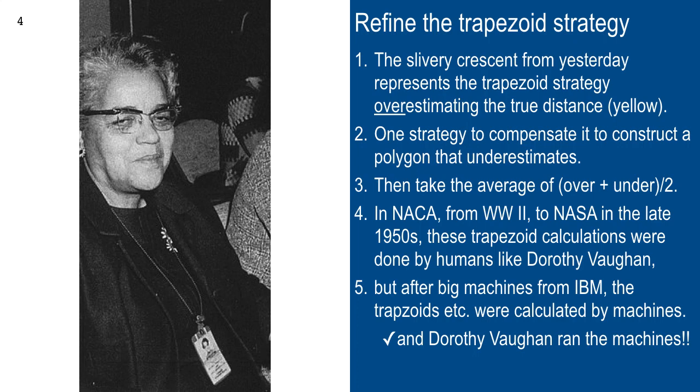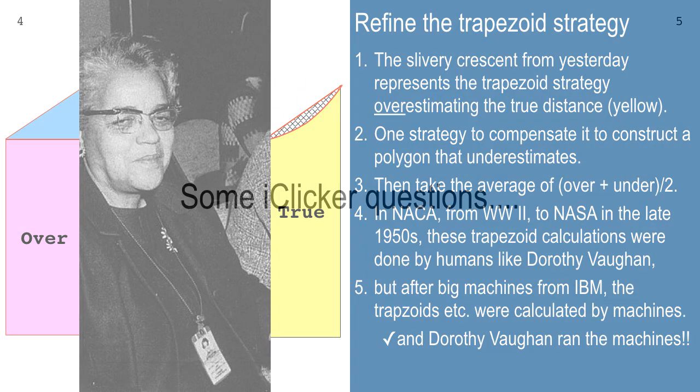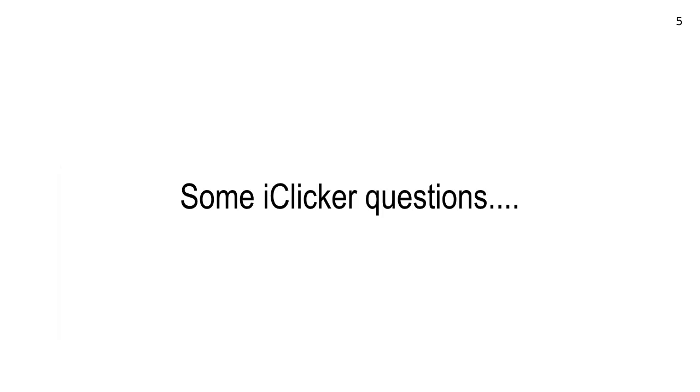And let's continue talking about, oh boy, I have all these diagrams in the background. I forgot to take those out. That's all right. Let's do some iClicker questions. And so get your clicker out.